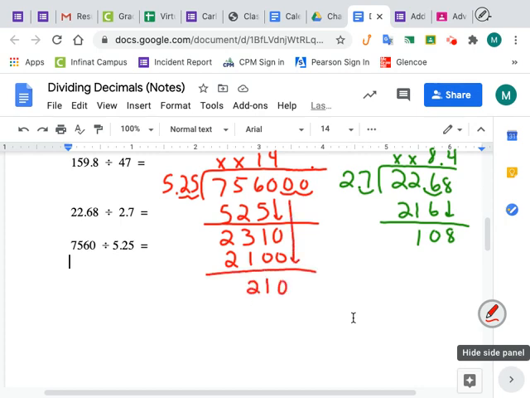Bring down this 0. So it's going to go in 4 times. And I know that this all ends up subtracting to be 0. So I bring this down. And because there's this 0 here, I brought it down, 525 does not go into 0, so I have to make sure I put a 0 up in my quotient. And that would be my final answer, is 1,440.